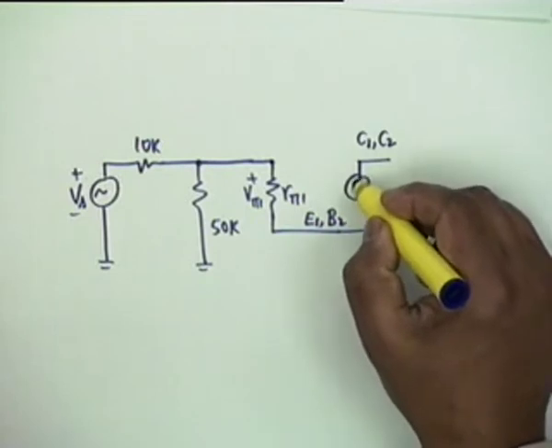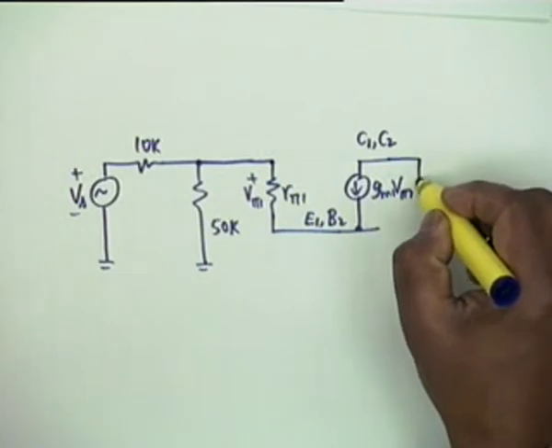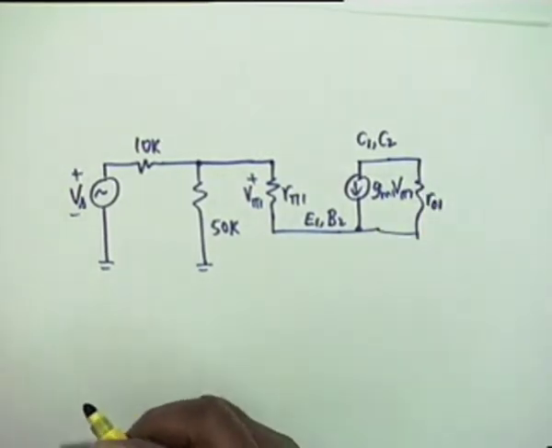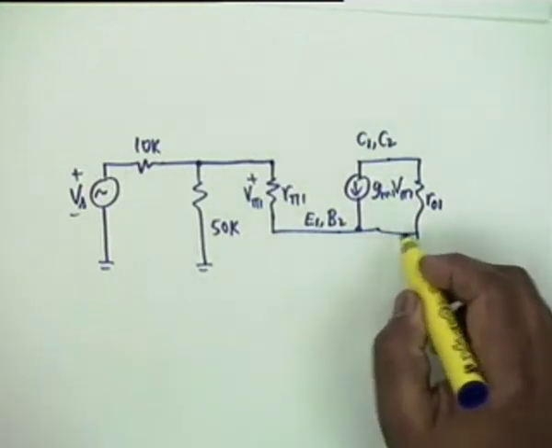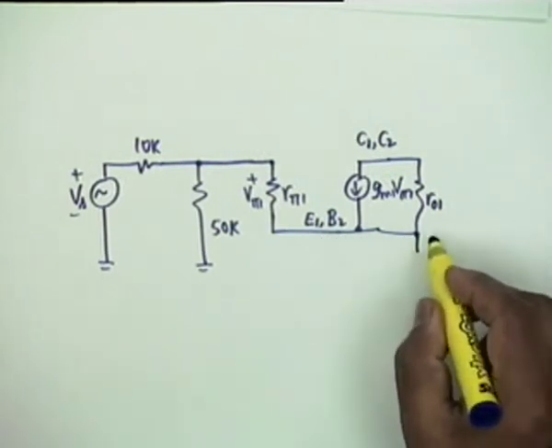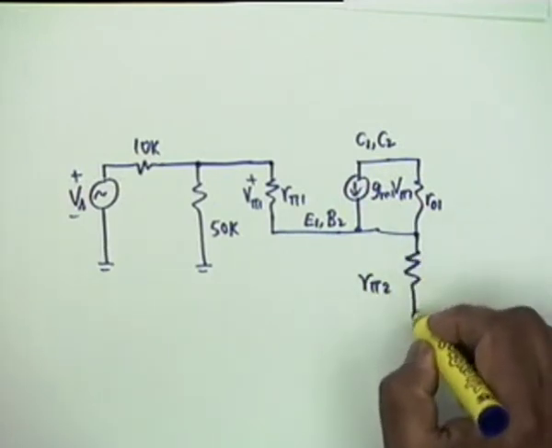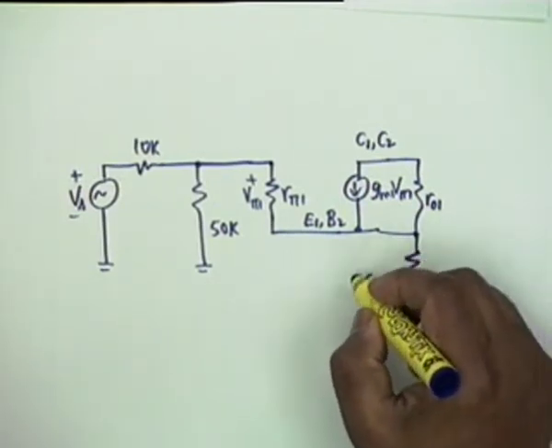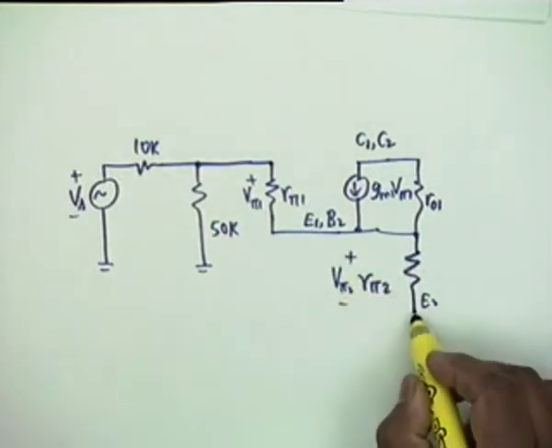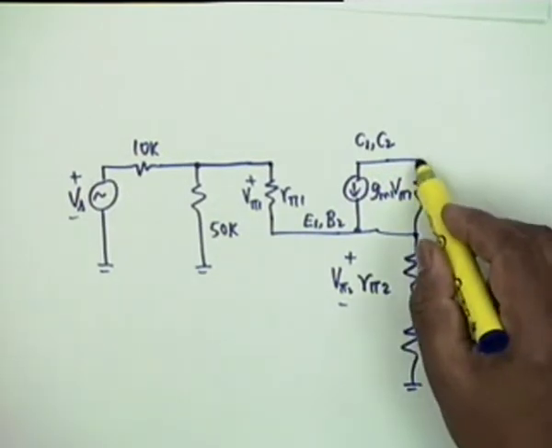So from the collector you have a GM1 V pi 1, the current source, and R01. From B2 to E2 you have an R pi 2, this is E2, and this voltage is V pi 2. Then from E2 it goes to ground through 1K, alright.